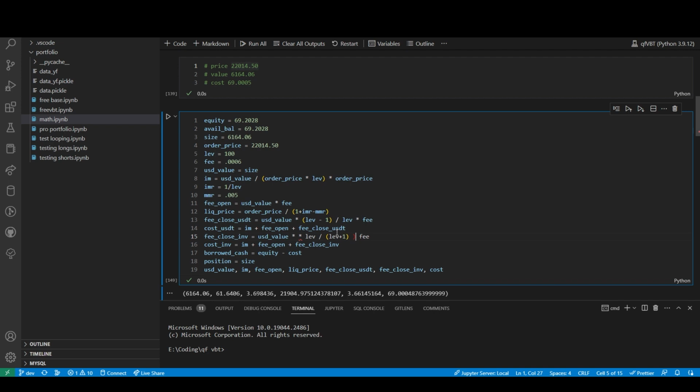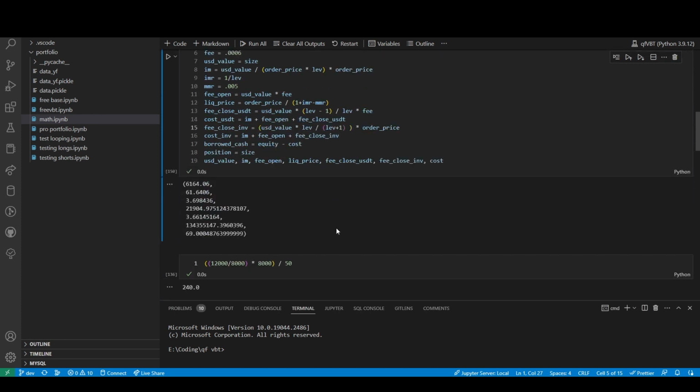Then I'd have to multiply all of that by order price, because that gives me the Bitcoin value. Cost, this, and then we have cost USDT.